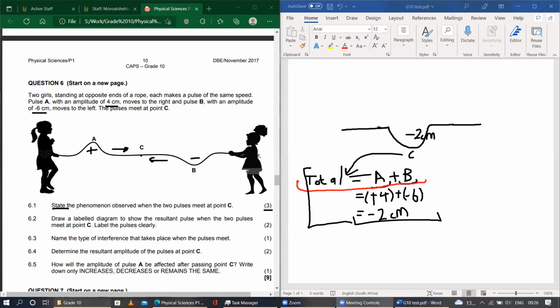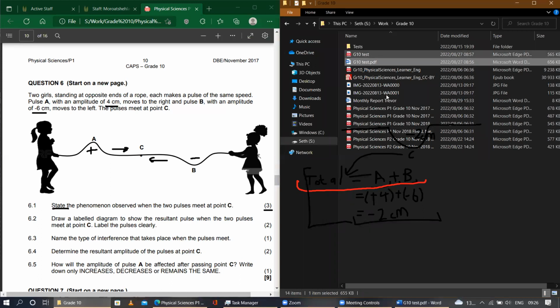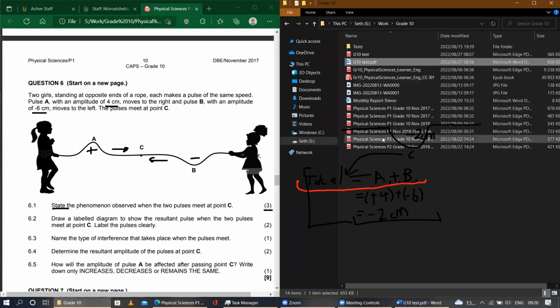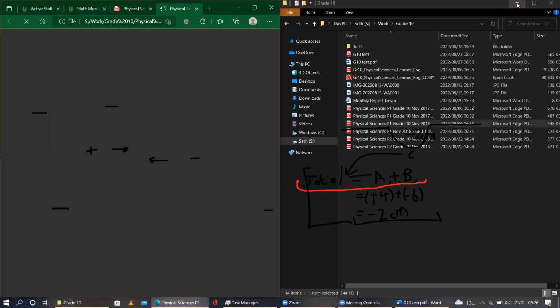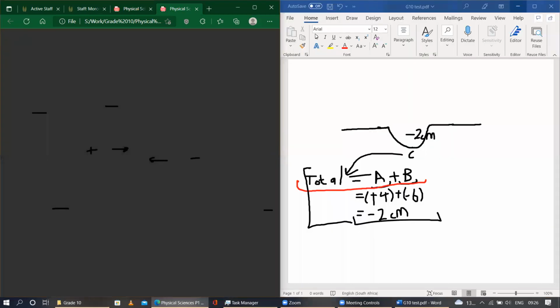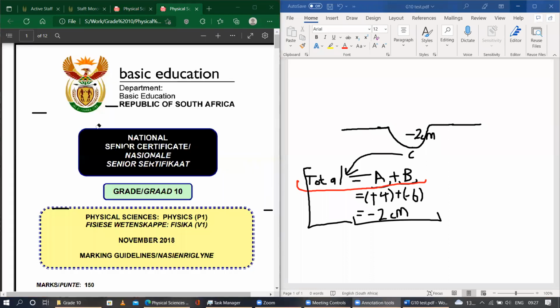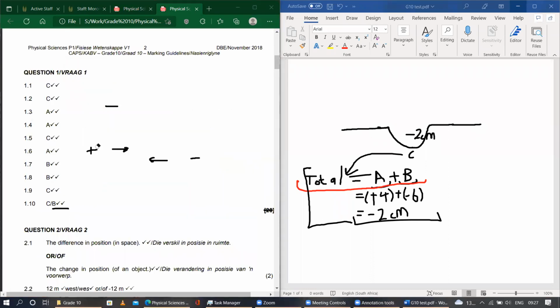Let me just try to open another question paper here. Let me erase all these things.